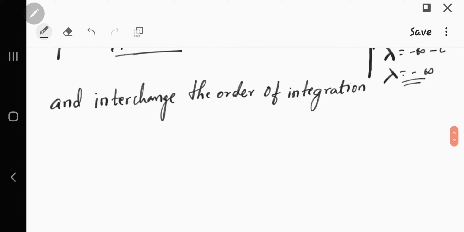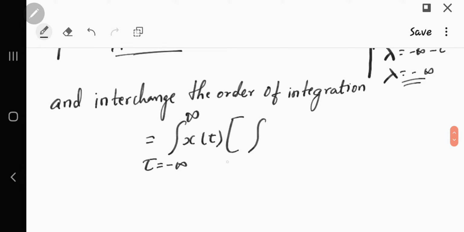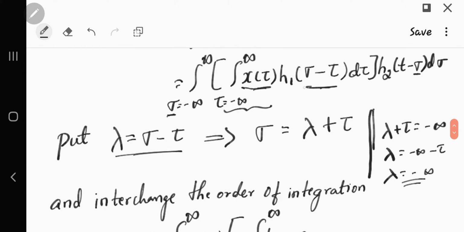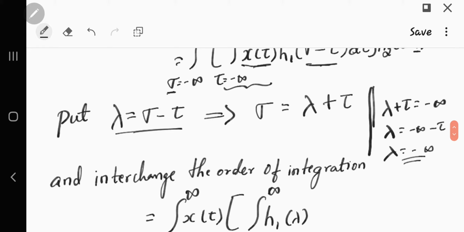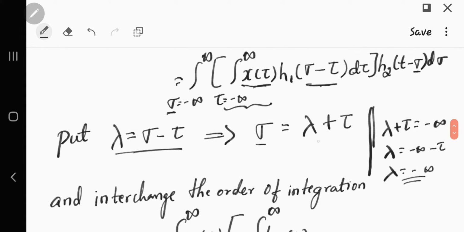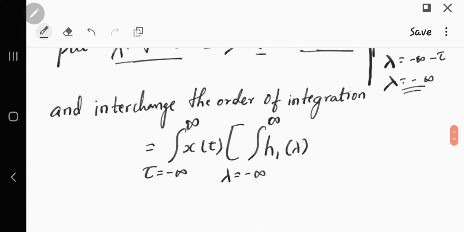So let's see what happens to the expression here. This will give us integral tau varying from minus infinity to plus infinity x of tau, and lambda varying from minus infinity to plus infinity h1 of lambda. Now observe h2 of t minus sigma is there, so we have to substitute sigma equal to lambda plus tau here.